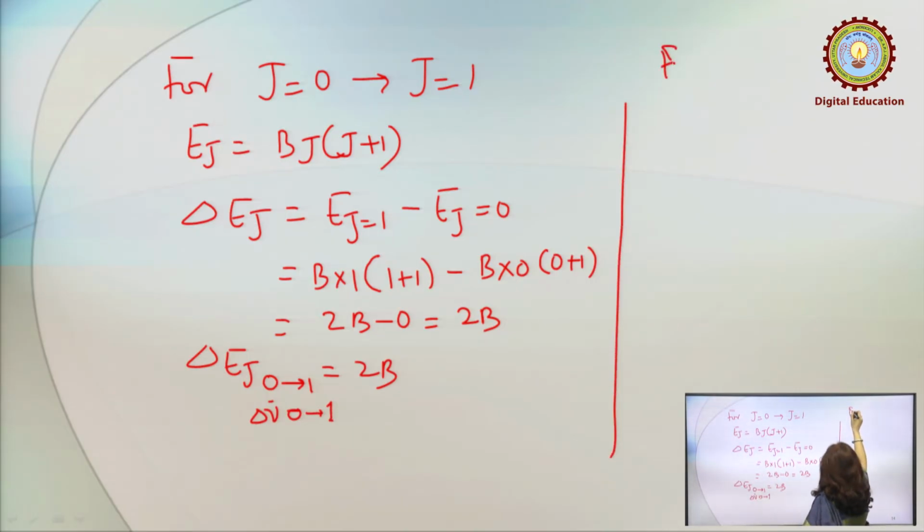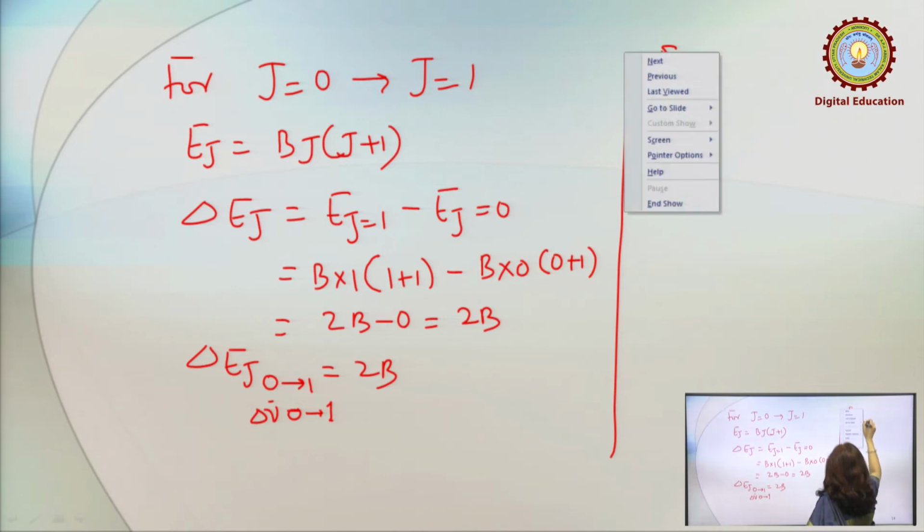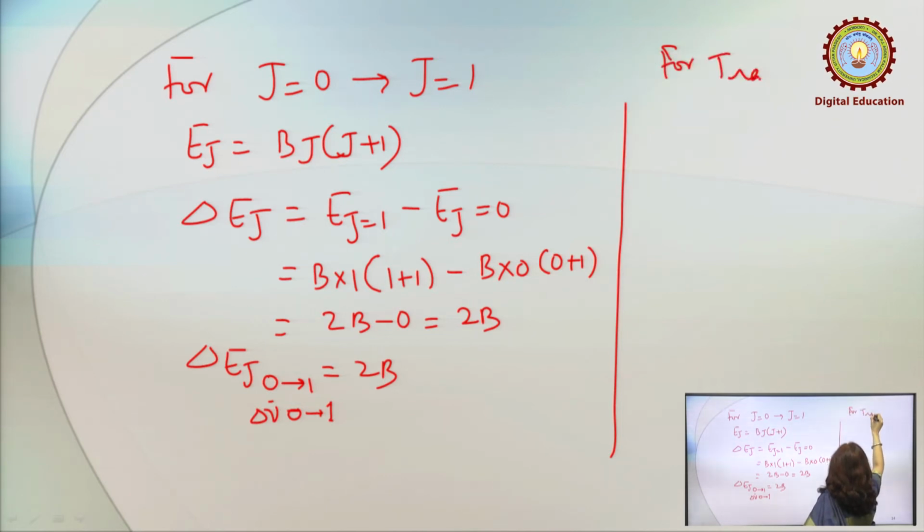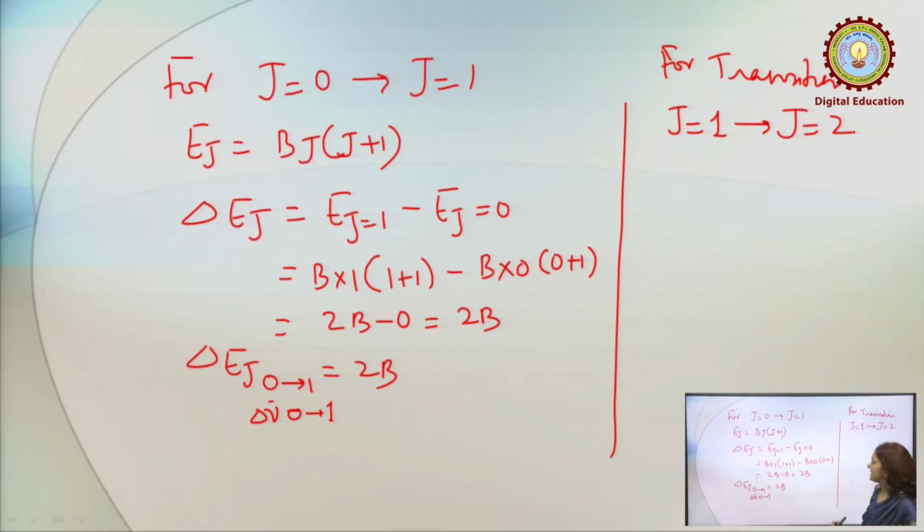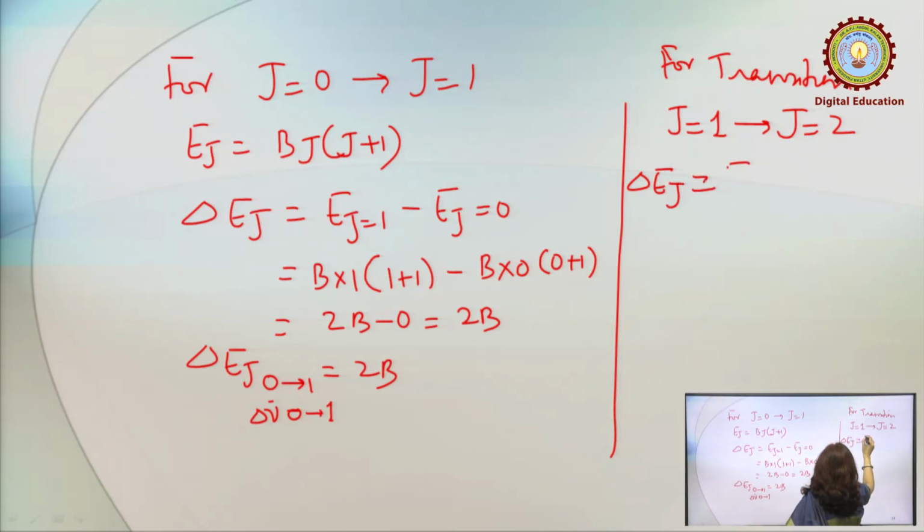For transition J equals 1 to J equals 2, likewise, in the same way, we can calculate delta E_J is equal to E at J equals 2 minus E at J equals 1.